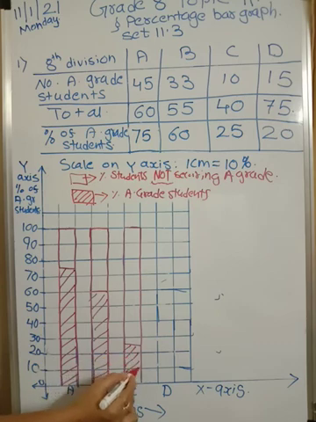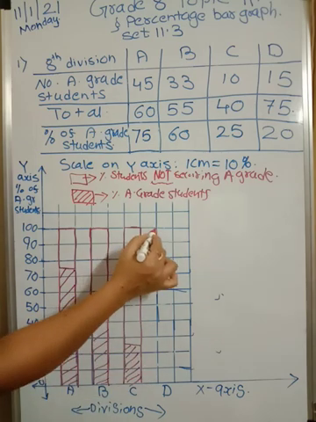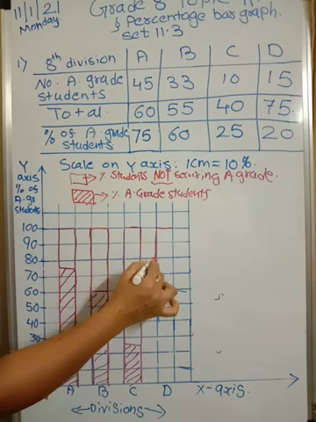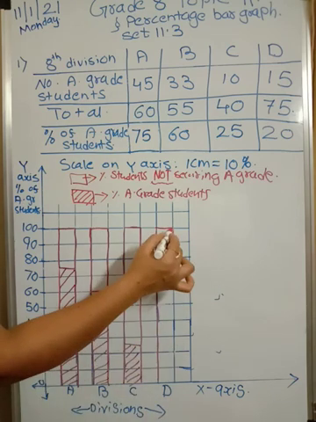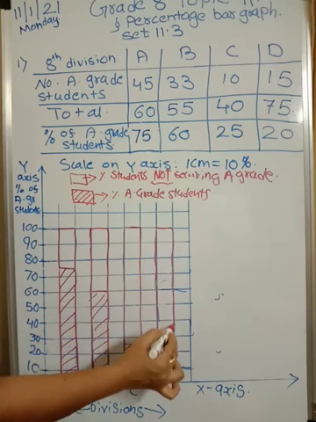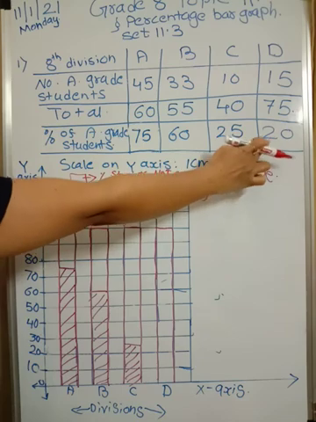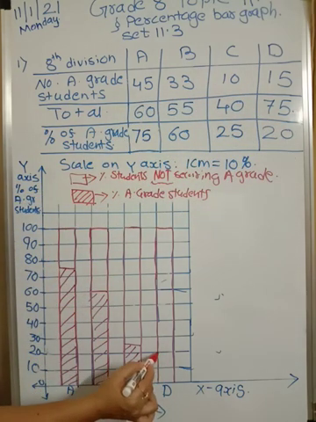So this is C division, students securing A grade. In D division again, the bar should be of 100. All the bars, please make them of 100 units. And use a scale. Okay. Now D division, how much is it? 20%. So 20% is over here. Your work should be very neat and tidy, students.